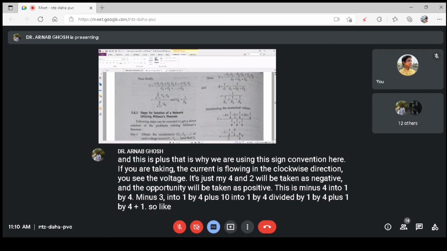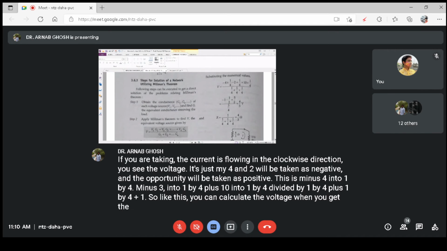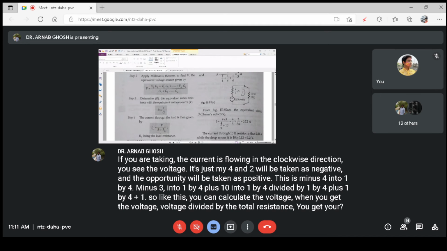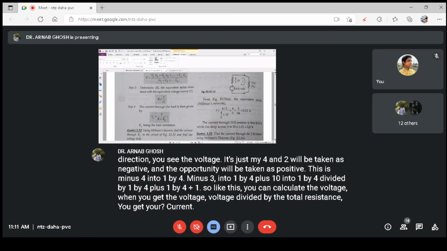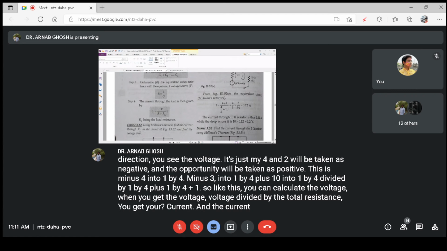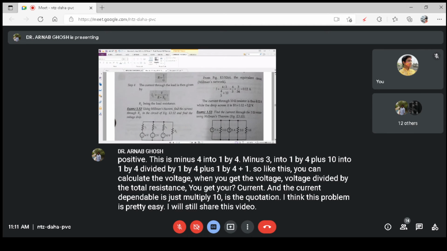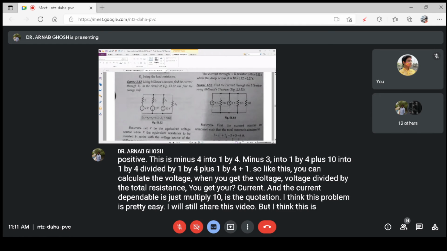Like this you can calculate the voltage. When you divide the voltage by the resistance, you get your current, and the current through the 10 ohm resistor multiplied by 10 is the voltage. I will still share this PDF with you, but I think this is pretty easy.